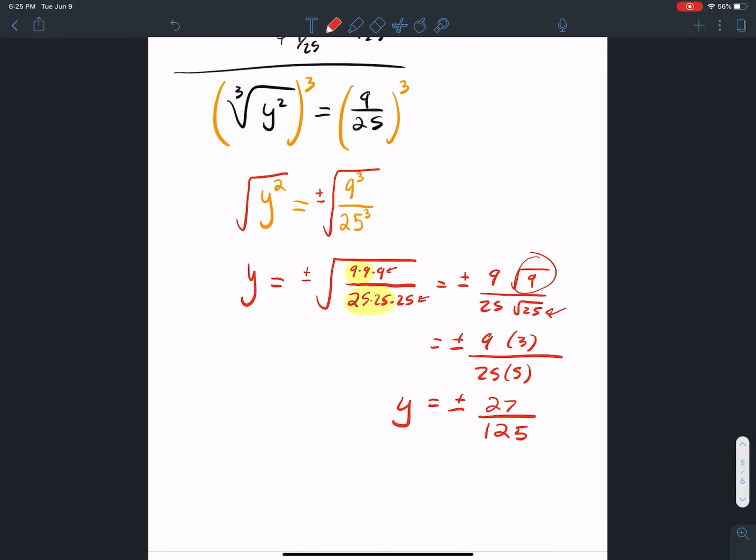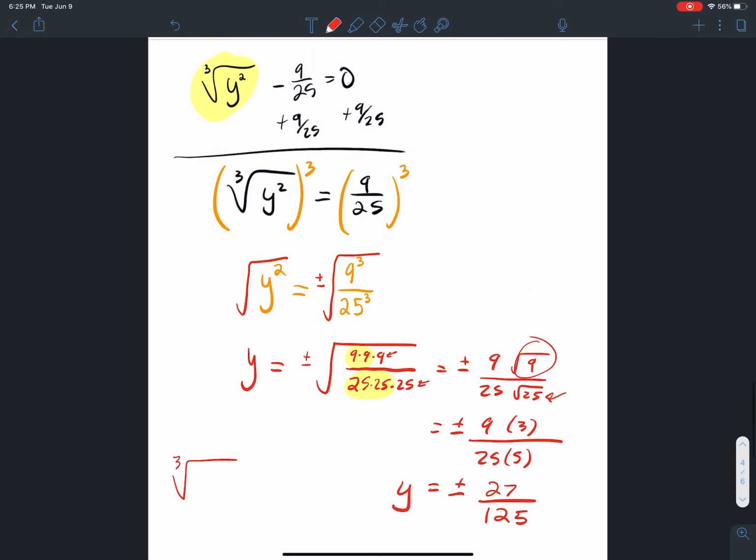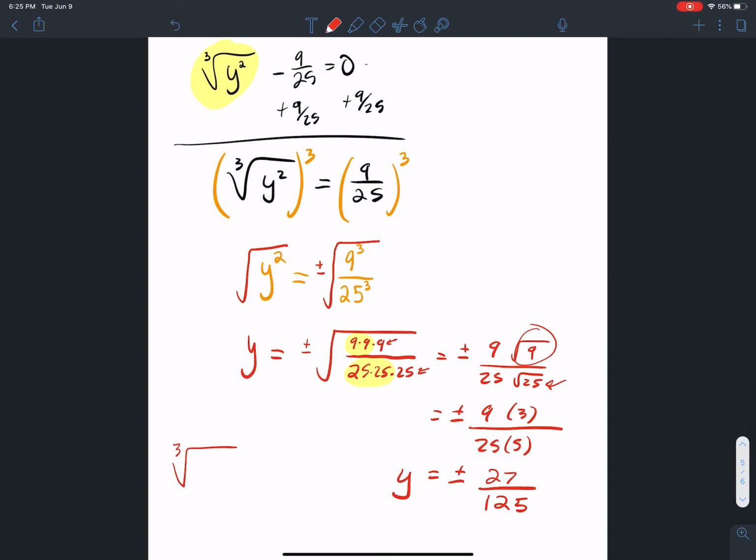So if I plug back in, what was the original equation? Cube root of y squared, so that's 27 over 125 squared, and then minus 9 over 25 equal to 0.